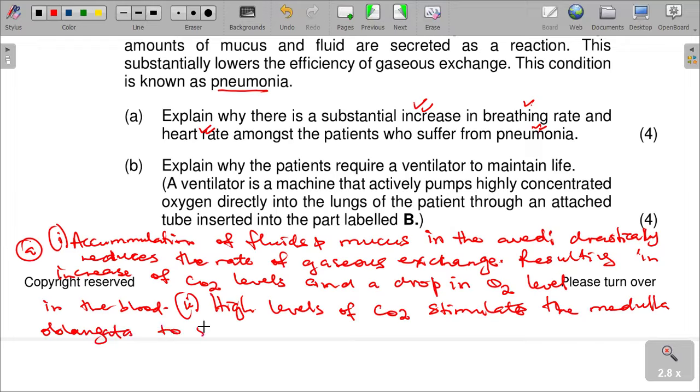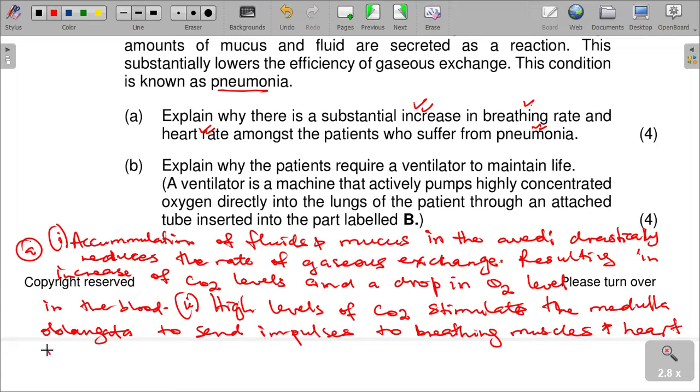That obviously would cause an increase in the rate and depth of breathing and in heart rate.